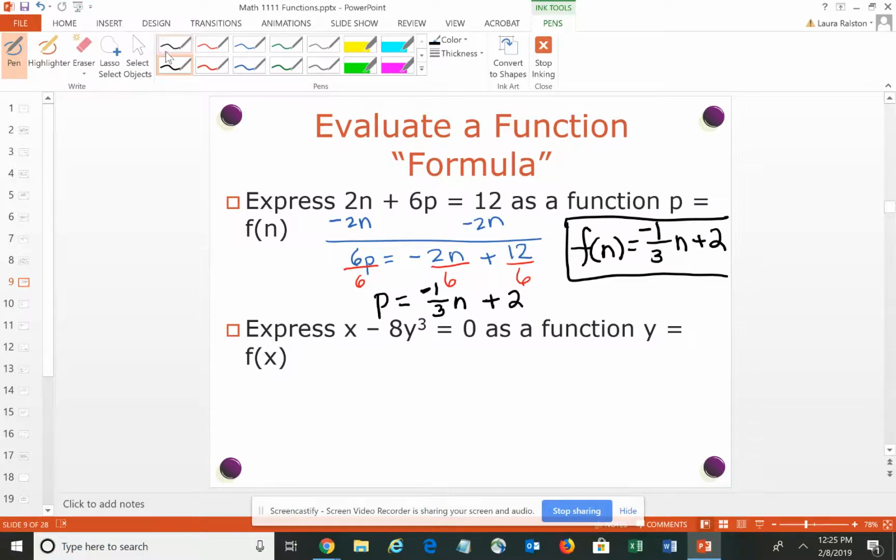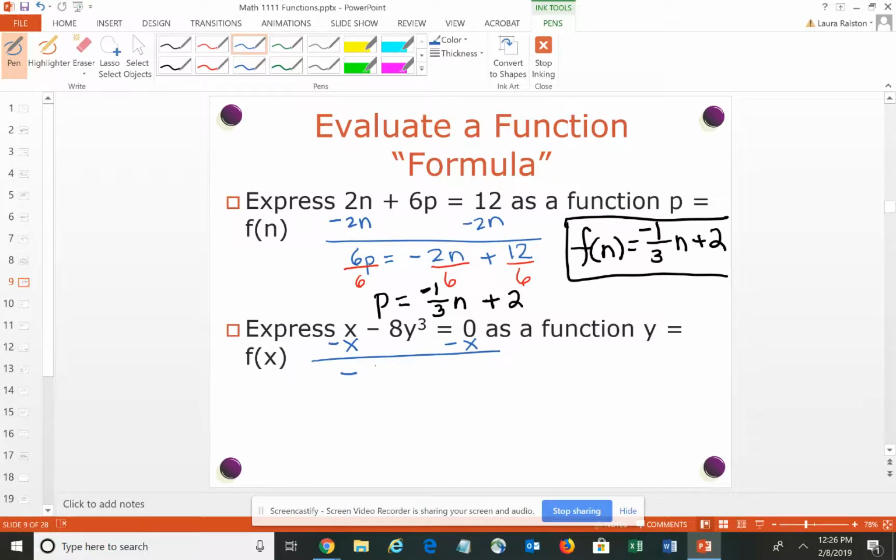Again, they're just using fancy language to ask you to solve the equation for a particular variable. Same thing with the second problem here, x minus 8y to the third equals 0, and they want you to write it in terms of y, which means you're trying to solve for y. So I would subtract x from either side.